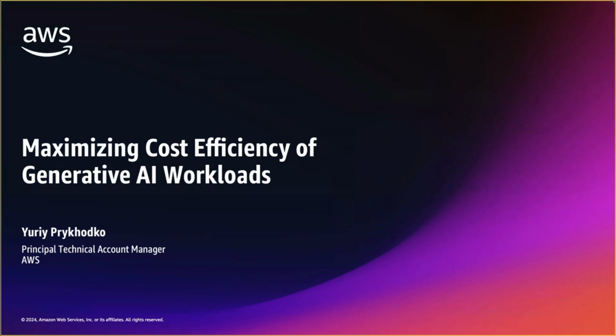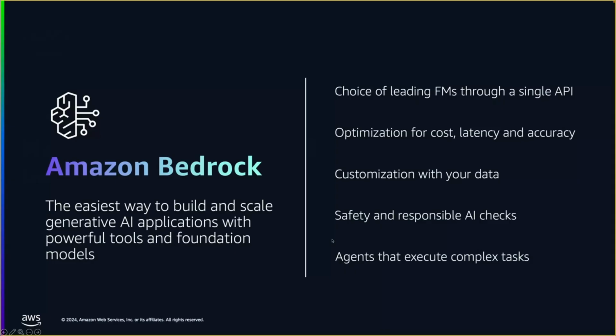Today we are going to talk about generative AI workloads and how to maximize cost efficiency of your generative AI workloads. So let's kick off. For this session, I'm going to focus mostly on cost effectiveness of workloads which we run in Amazon Bedrock.